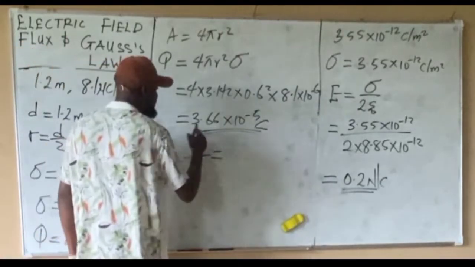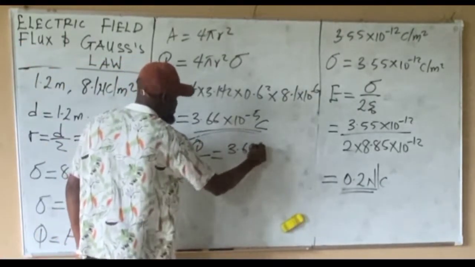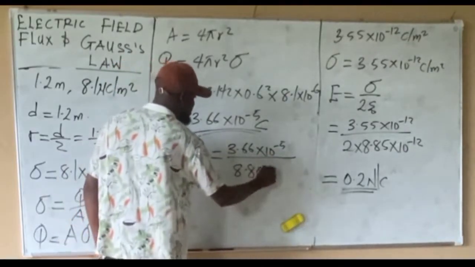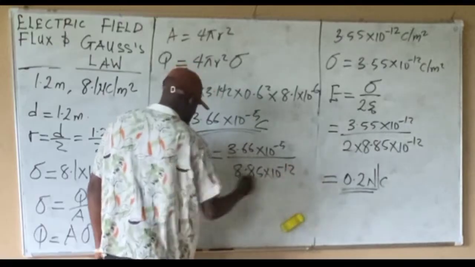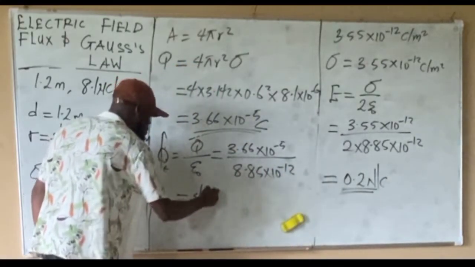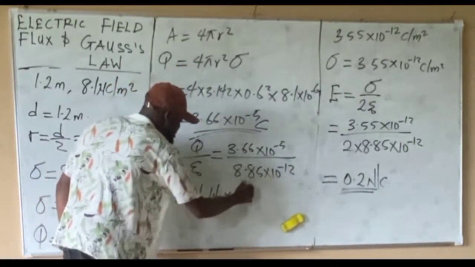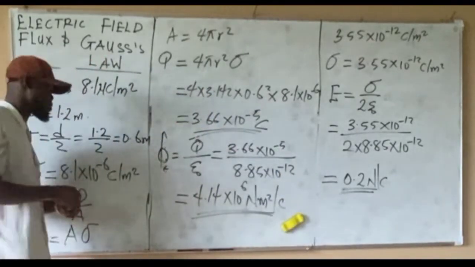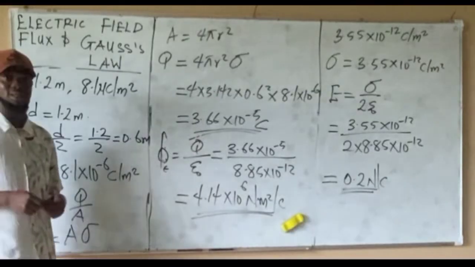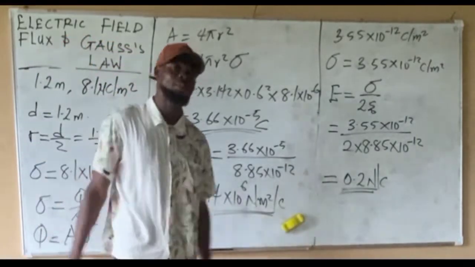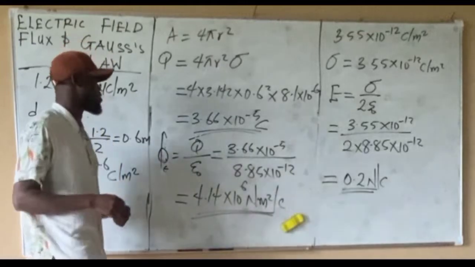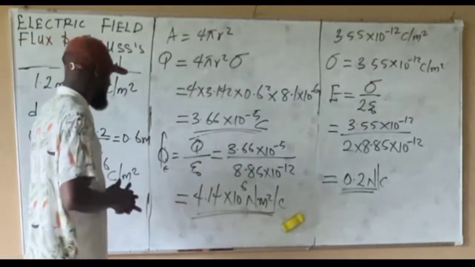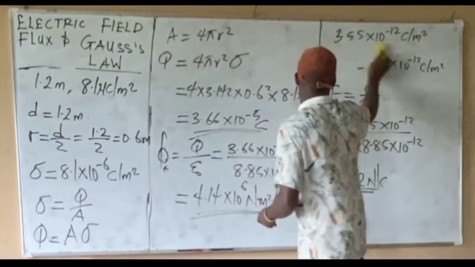The charge on this sphere is 3.66 times 10 to the power minus 5, and epsilon is 8.85 times 10 to the power minus 12. If you solve that, we have 4.14 times 10 to the power 6 Newton meters squared per coulomb. This is the total flux leaving the surface of the sphere. Now that is just that. Now let's look at the next question.